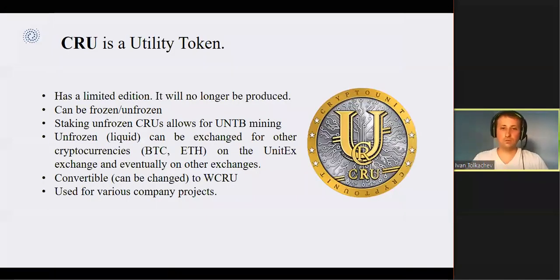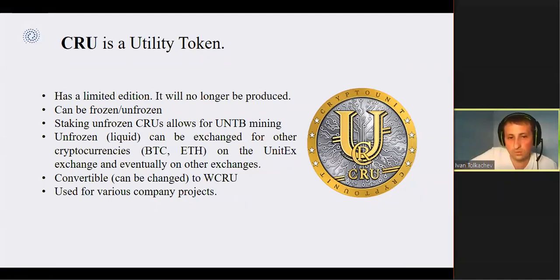The next token is the CRU token, or a utility token. It has a limited issuance, and it will no longer be generated or produced. It can be frozen or unfrozen, as you know.